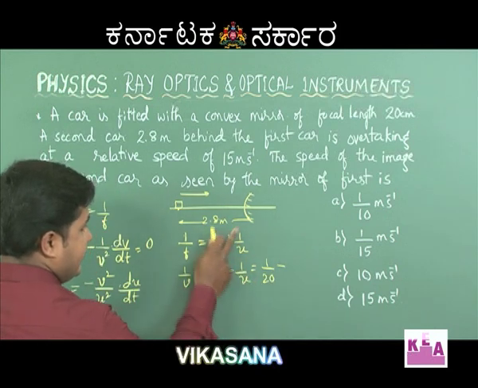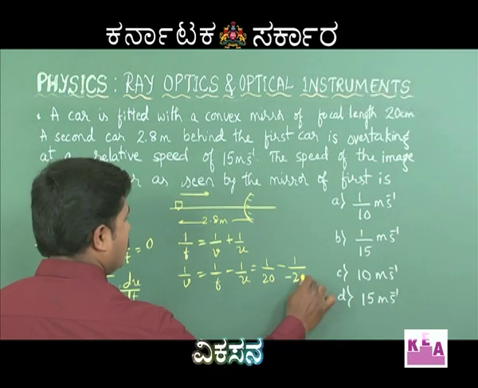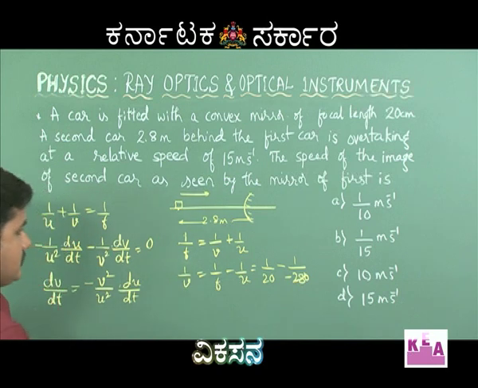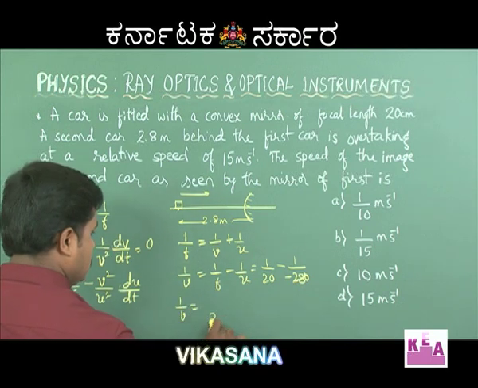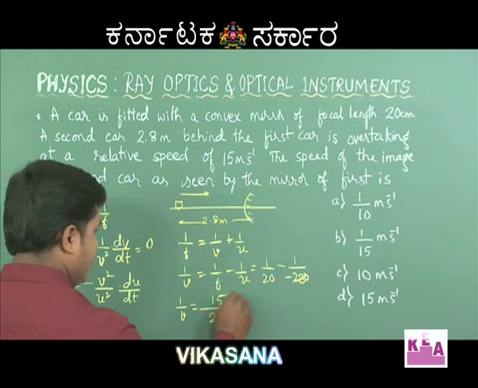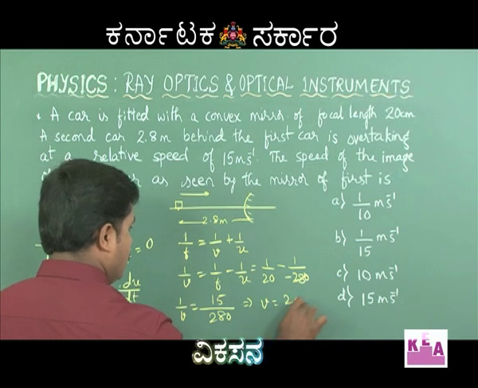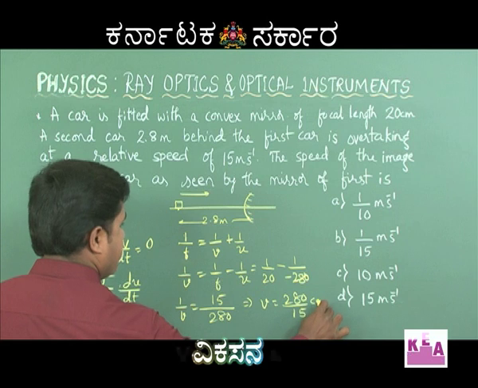Let me take it in centimeter since focal length is in centimeter. So this is 1 over minus 280. LCM is 280, so 1 over v is equal to 14 plus 1, that is 15. So v is equal to 280 by 15, in centimeter.